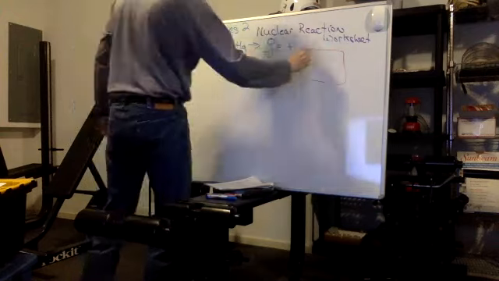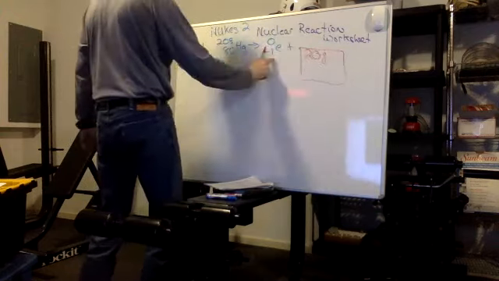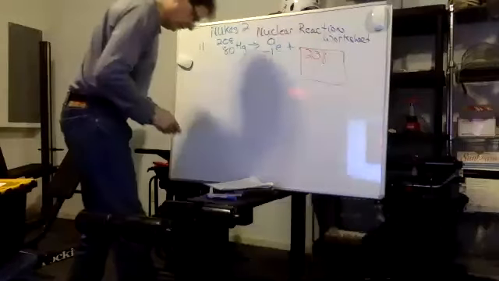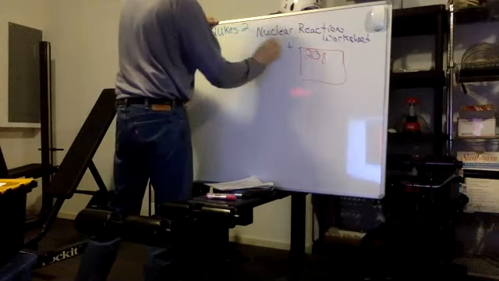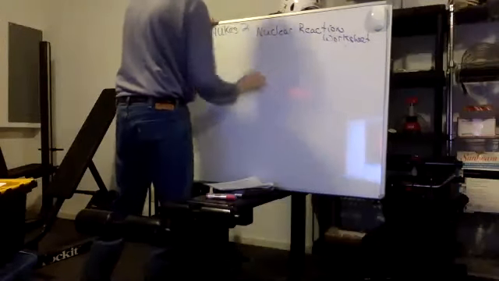Let's see, 208 for mass. How did you get 80 for the last one? Well, you're going to have to read it back to me because I erased it. What was the equation? Which one did we just do? I don't even remember.